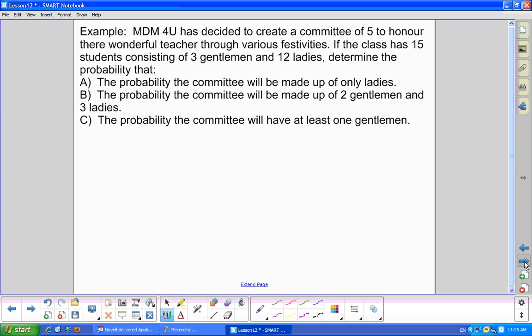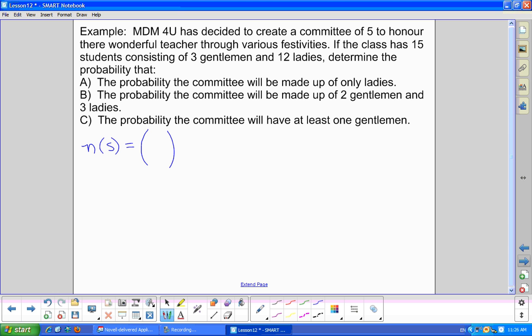It's all combinations. So I'm going to calculate my N of S first, the total number of outcomes. I'm going to use the permutation notation that I talked about in an earlier lesson, the vertical stacking. No particular reason, just so you get to see the different forms. When figuring out the total number of outcomes, you need to look at the total number of people available.